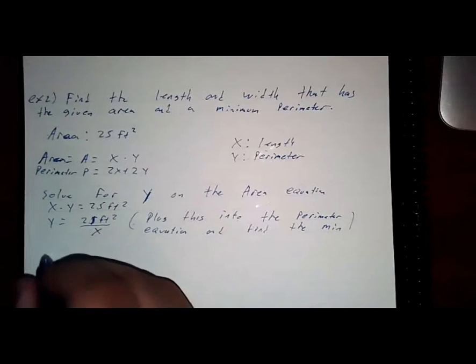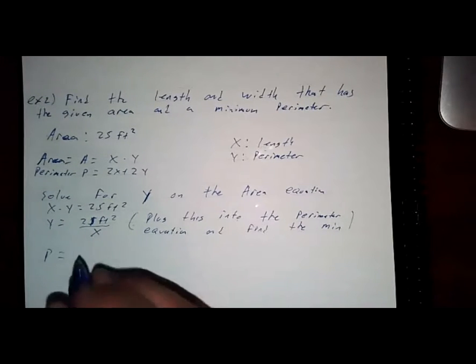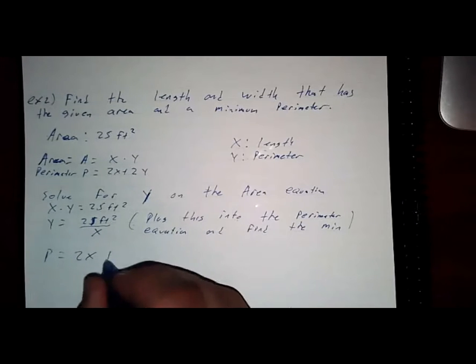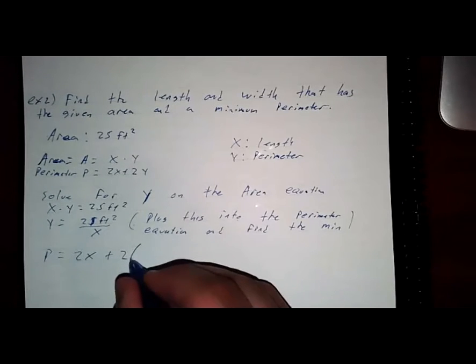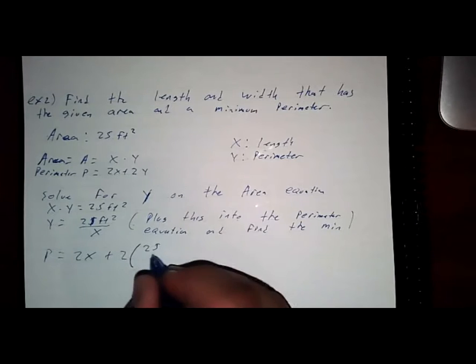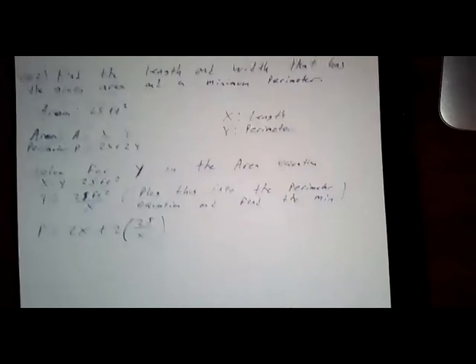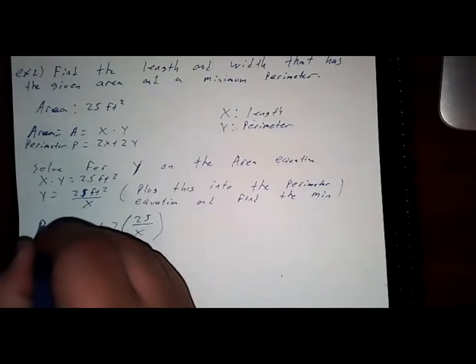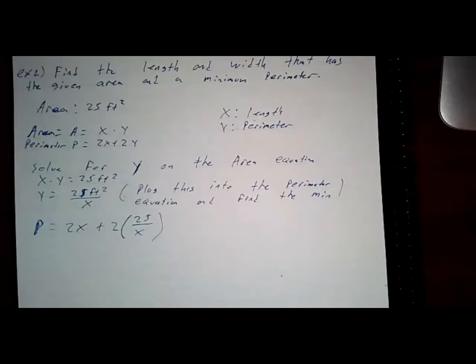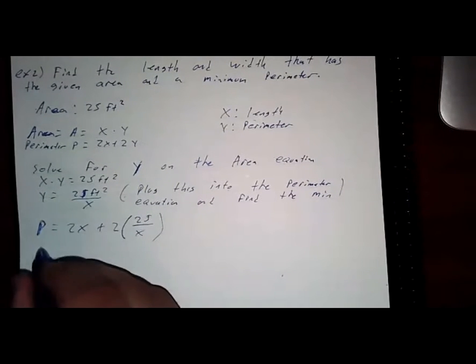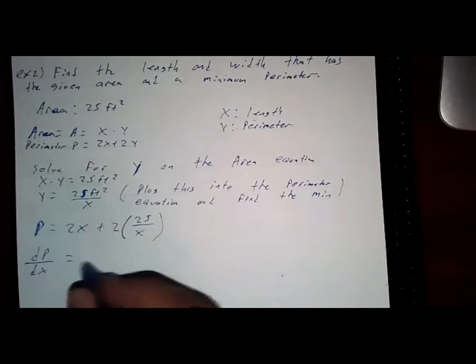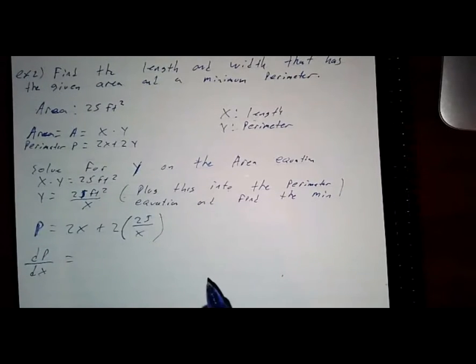Okay, so we got P equal to 2x plus 2y, which is actually now 25 over x, right? Okay, so dP/dx would be equal to, what is the derivative going to be?